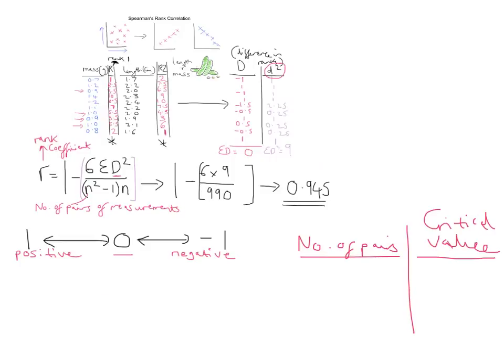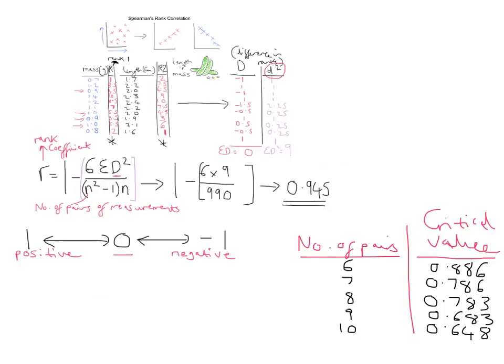Though you would get given this in an exam setting, this particular table. So we have values like 6, 7, 8, 9, 10 pairs, and the critical value could be 0.886. It's very specific. For 7, 0.786, 8, 0.783, 9, 0.683, and for 10, 0.648.